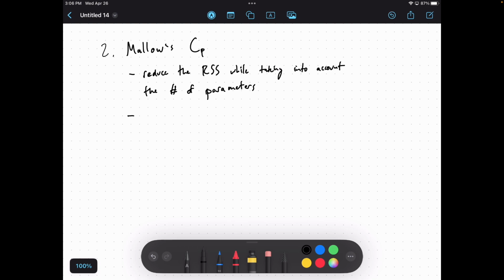And in fact, this is equivalent to AIC for linear regressions, or at least it's proportional.